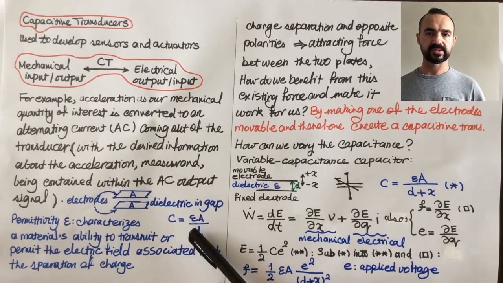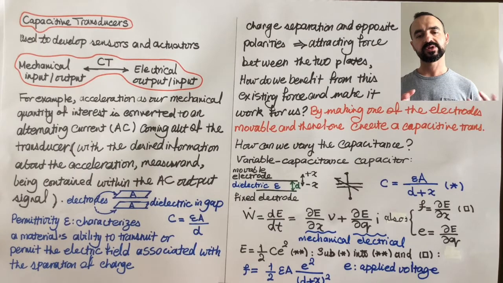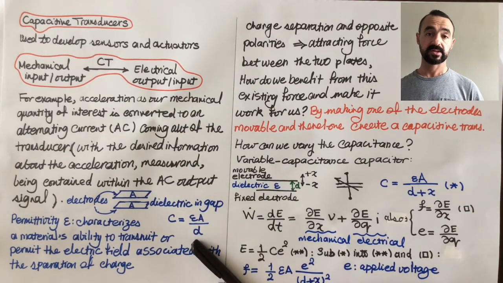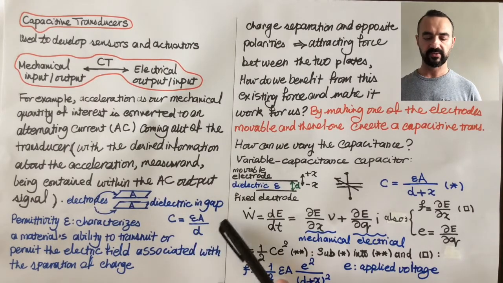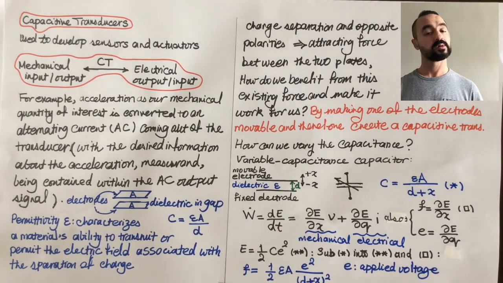One obvious choice is to change the material, so the permittivity. But in practice, once we choose our material, we're not going to change it. So the things we could change are the area and the gap between the two electrodes. If the gap goes up, C goes down. If the area goes up, C goes up. So we have a direct and an inverse relationship.